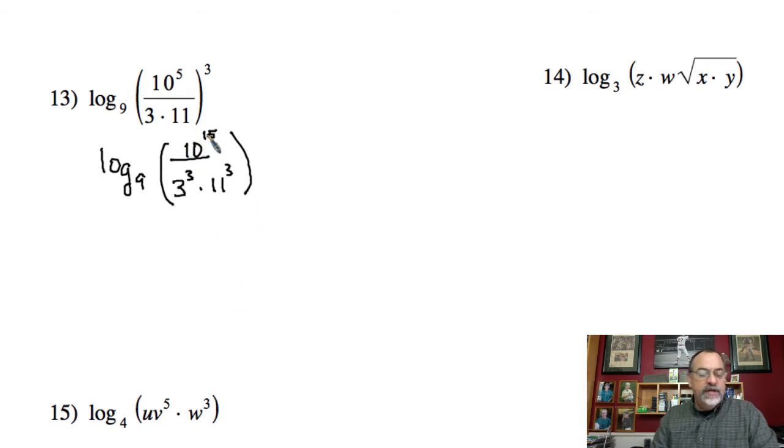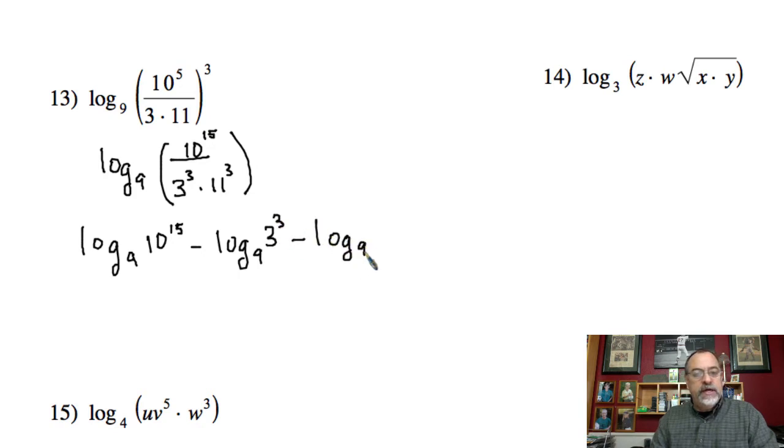Now again, 10 to the 15th is being divided by this 3 to the 3rd, and it's being divided by this 11 to the 3rd, so that's going to be subtraction. So we're going to have log base 9 of 10 to the 15th minus log base 9 of 3 to the 3rd minus log base 9 of 11 to the 3rd. And then we are going to apply the product property.